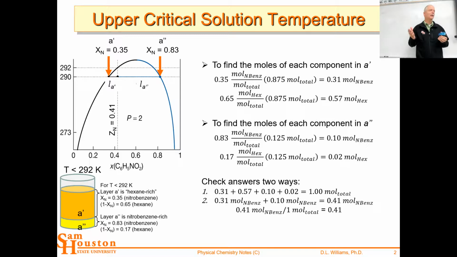So hexane really doesn't care much about hexane, and nitrobenzene likes nitrobenzene. So it's nitrobenzene that's really excluding the hexane. Okay, and we kind of see that in the nitrobenzene-rich layer. You see, it's more pure than the hexane-rich layer. The nitrobenzene-rich layer is on the right. And when it's cold, it's excluding the hexane. It's more pure. It's 80% nitrobenzene.